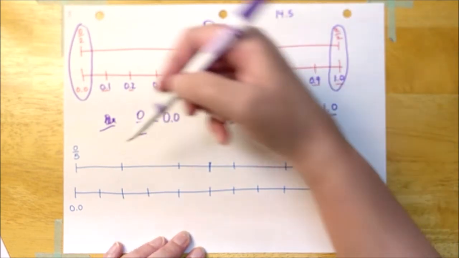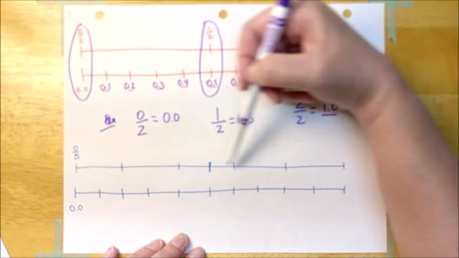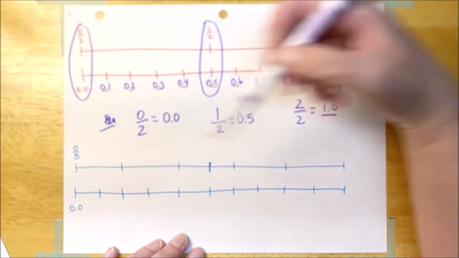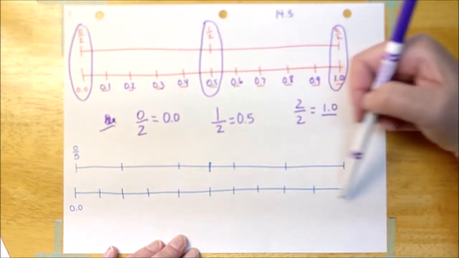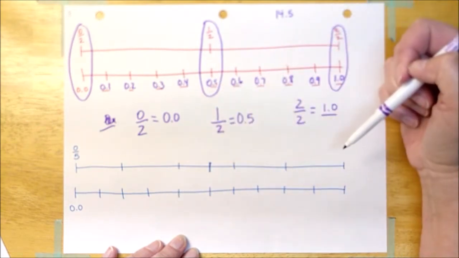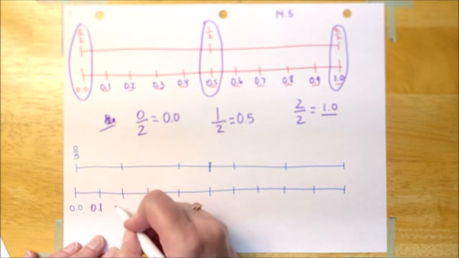So now down here I have written another set of number lines. My top number line, I have divided it into fifths. And the bottom number line I have again divided into tenths. So this is 0 and 1 tenth.